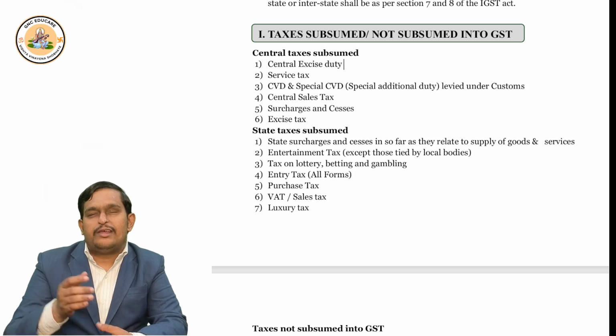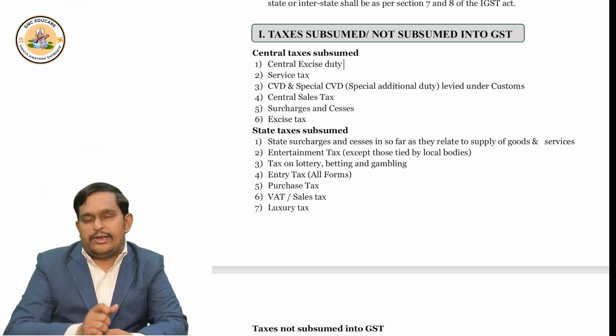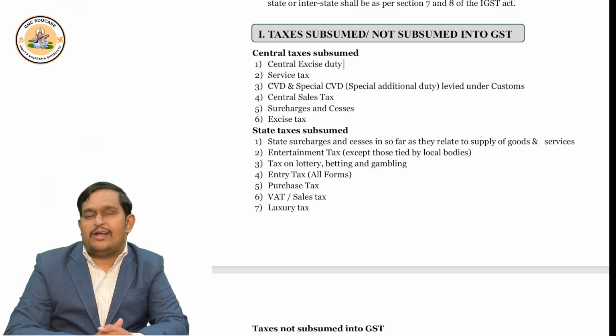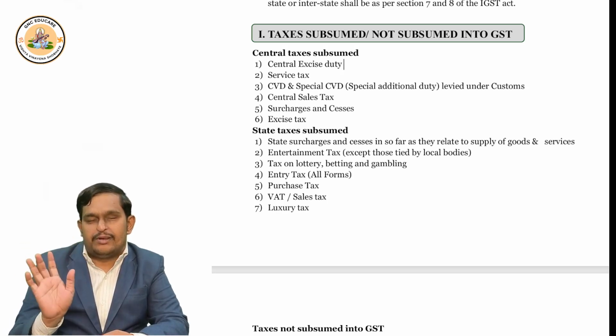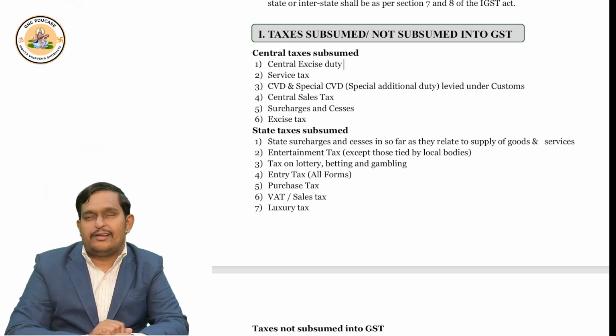Suppose, for example, you import goods into India, definitely customs duty is leviable. And because the destination is India, the place where the goods are supplied is India, GST is also levied. So basic customs duty is not subsumed, it is still continuing.